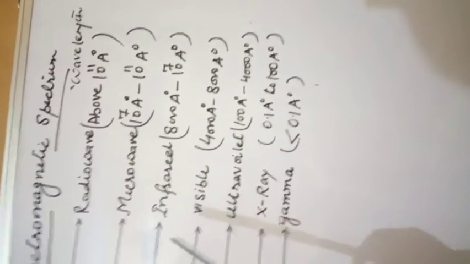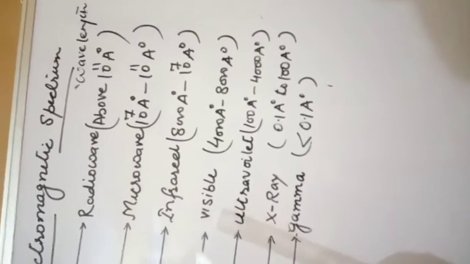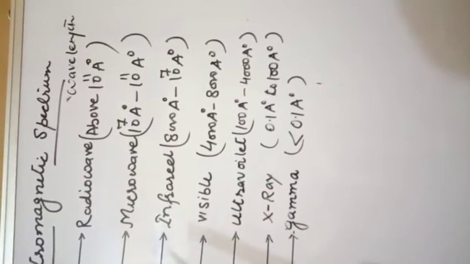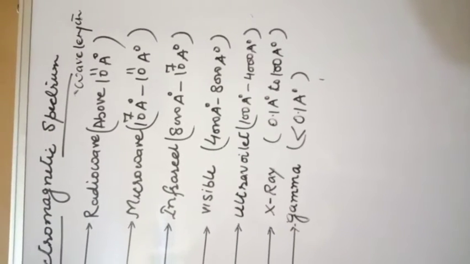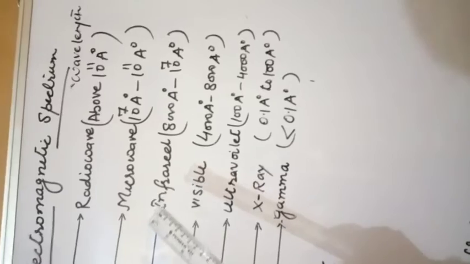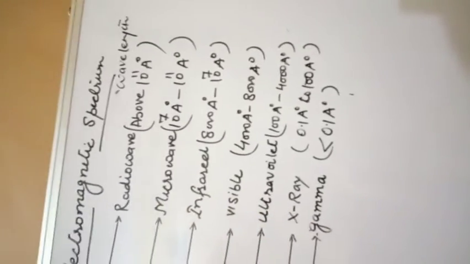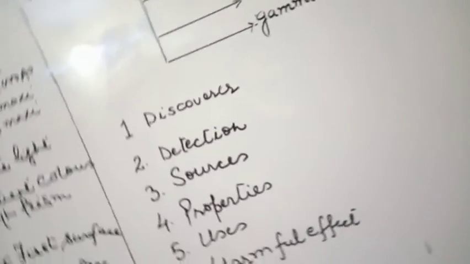Infrared radiation we can obtain from a lamp with a thoriated filament, meaning a lamp whose filament is coated with thorium. Microwave we can get from an electronic device like a crystal oscillator, whereas radio wave we can get from TV and radio transmitters.